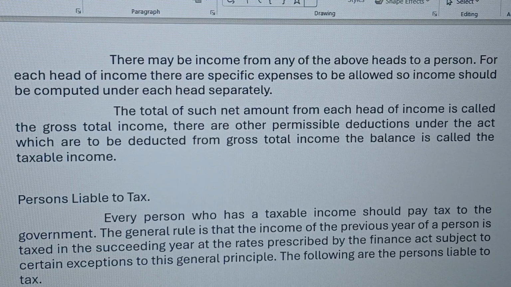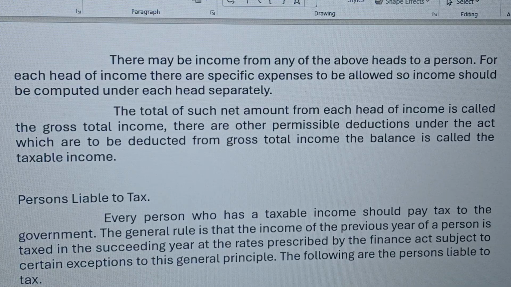Then the total net amount from each head is totaled, and that total amount is called the gross total income. Other than the expenses deducted in a separate head, some other deductions will be allowed by the Income Tax Act 1961. Those deductions will be deducted from the gross total income.